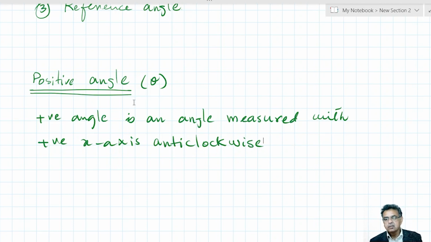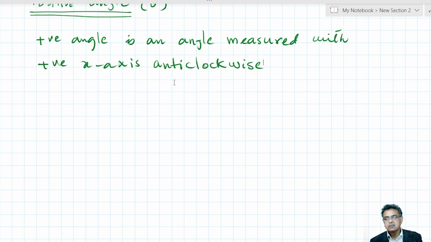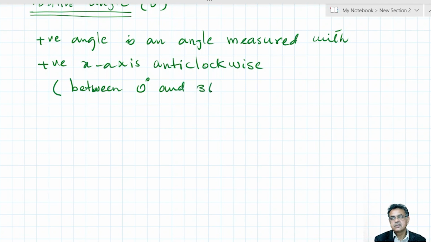Actually, there is no limit on the value. It may be between 0 and 360 or even more than 360, but initially you can consider them. That's why I am writing these words in brackets, between 0 degrees and 360 degrees.